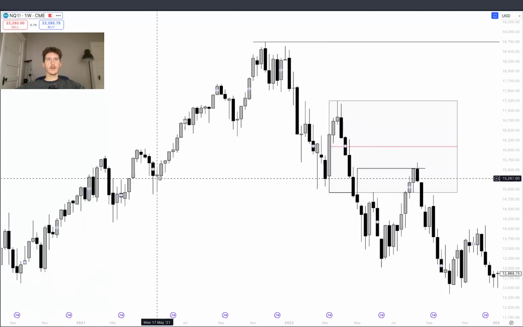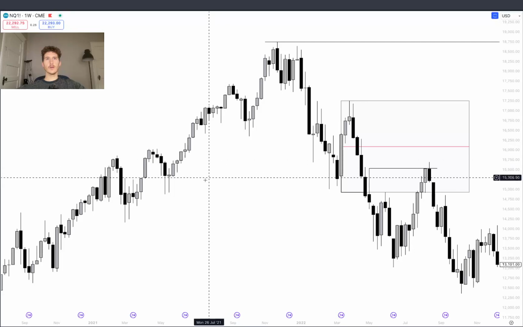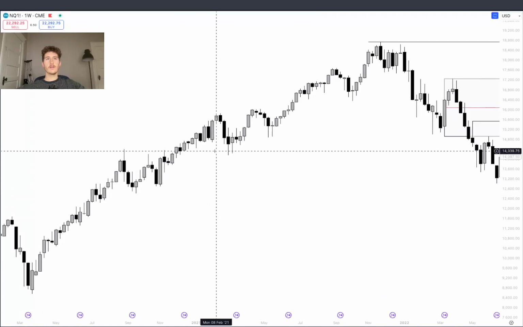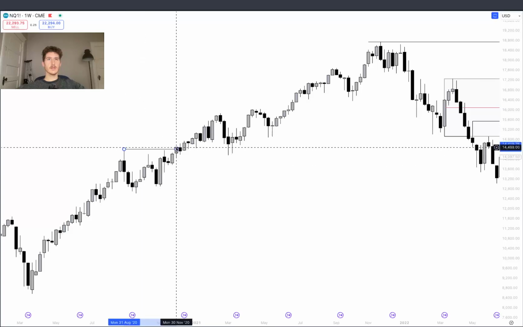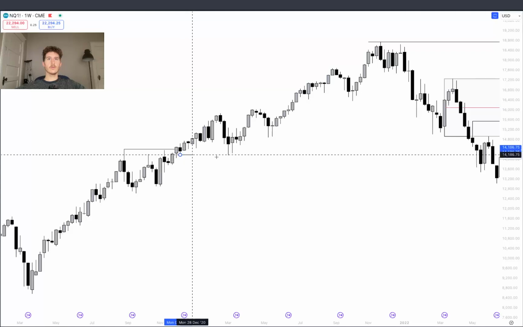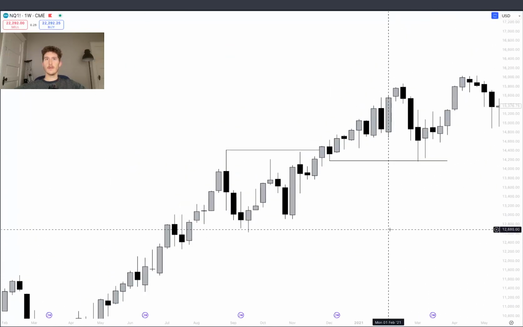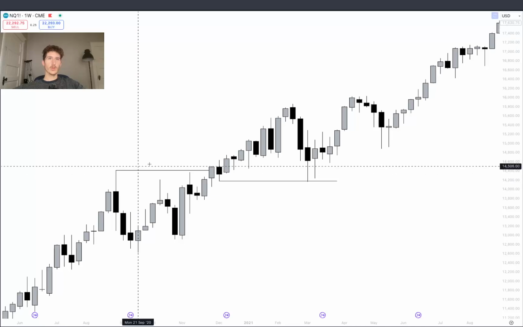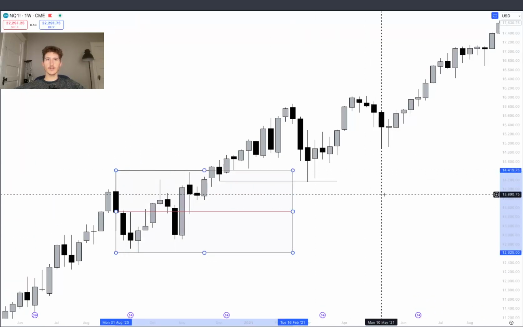Let's see, we've got some more examples. So a closure above this swing, right here. And then here's a low tap back, a perfect example right here as well. Again, we have a structural swing right here, according to candlestick and market structure.